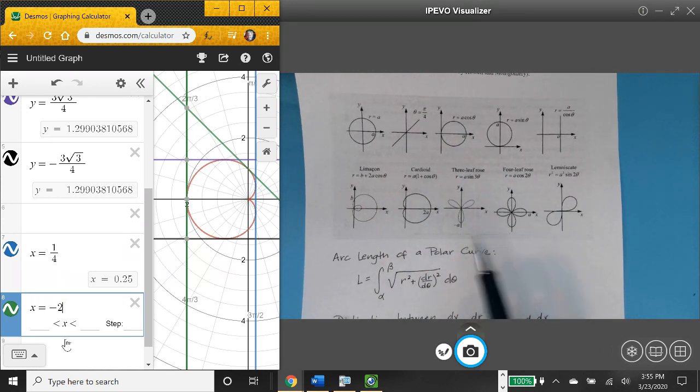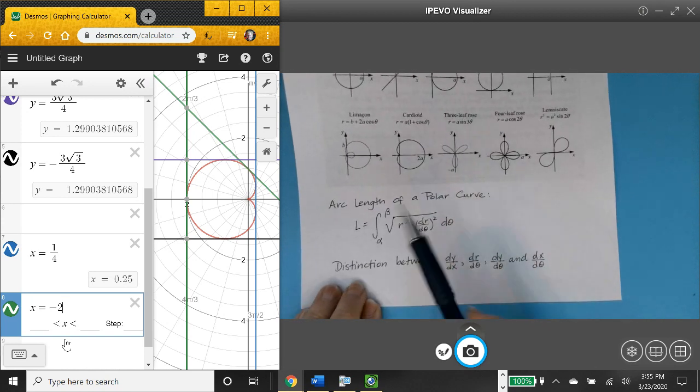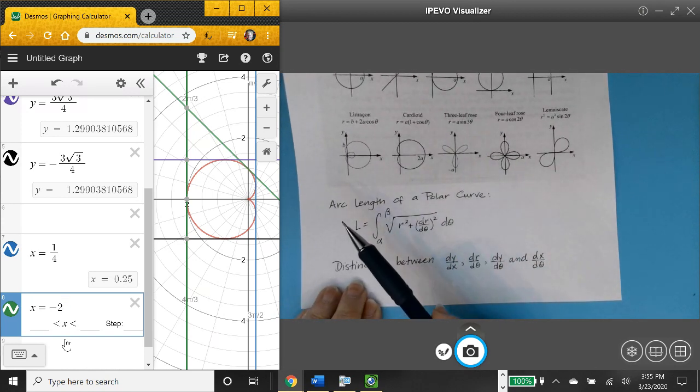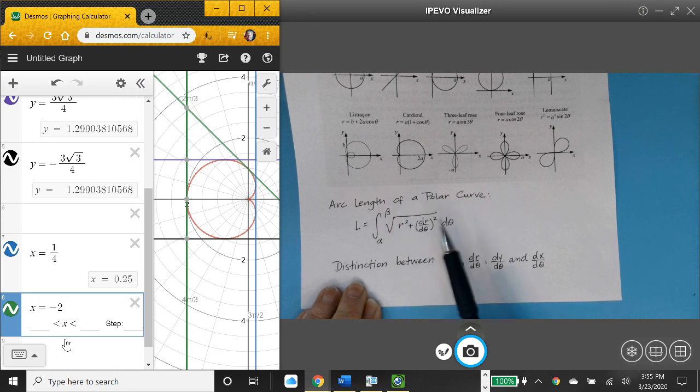And let's just review. And then I added this, and I should type it in there, but I will later, I guess. The arc length of a polar curve, which we just derived, is L equals the integral from alpha to beta of the square root of r squared plus dr d theta squared, d theta.